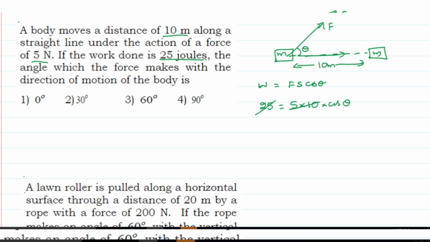So 25 is how many times of 50? 25 twos are 50. So it becomes 1 by 2, which is equal to cos theta. It's nothing but cos 60, 1 by 2. That doesn't mean cos gets cancelled here, right? So theta will be 60 degrees. So the force with the direction of motion makes an angle of 60 degrees. This is the right answer.